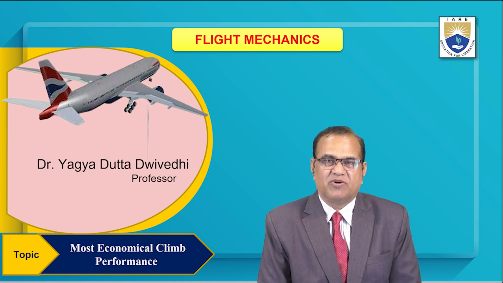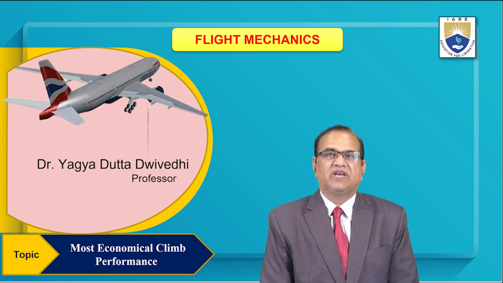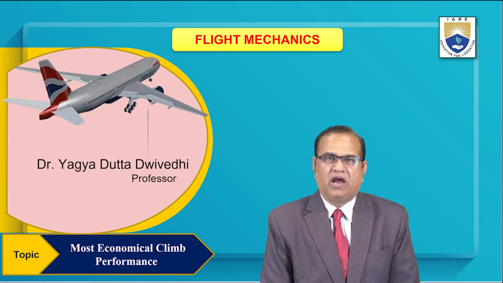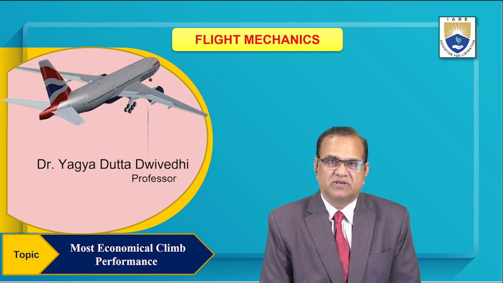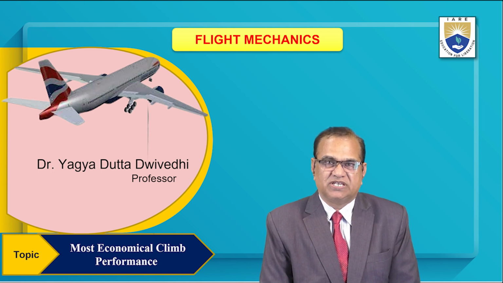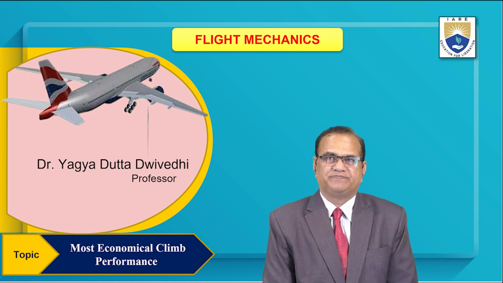Also we have studied the atmosphere. Then we have done cruise performance: thrust required, power required, thrust available, power available, maximum velocity, minimum drag velocity, maximum velocity. So many things we have already covered.